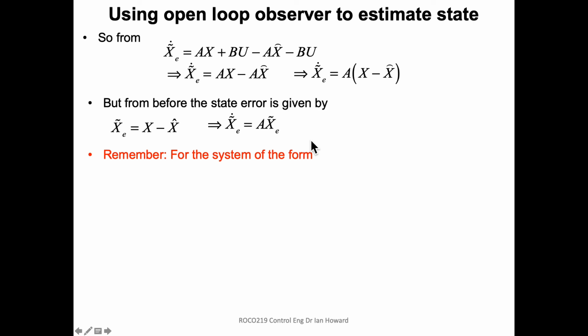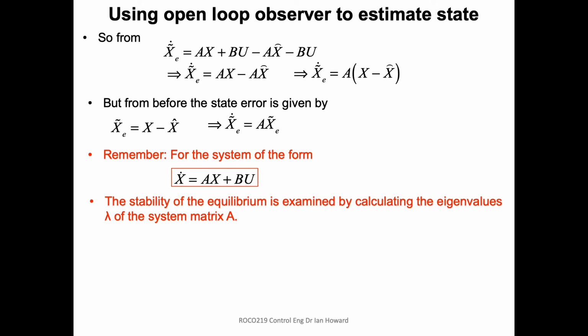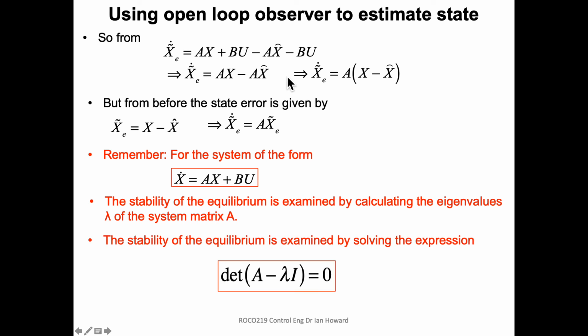So that's basically a very similar result to what we get from a state space model. It's saying that the differential of the error is equal to a times the error state. And for systems of that form, in this case, we know x dot equals ax plus bu. In this case, there's no bu, but we know that these systems are stable provided the eigenvalues of the A matrix have negative real parts, right?